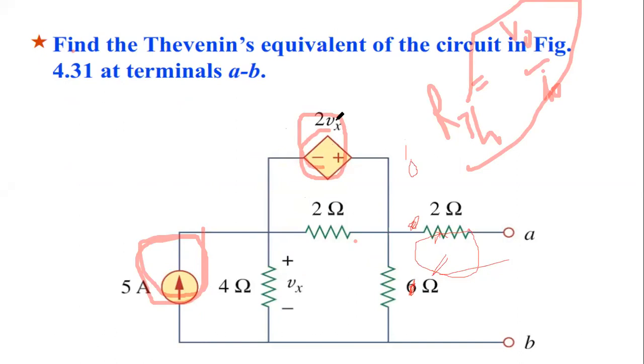For finding RTH in case of dependent sources, you will switch off all other sources, all independent sources.